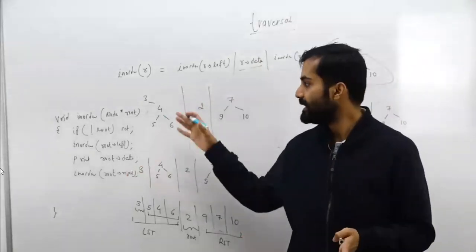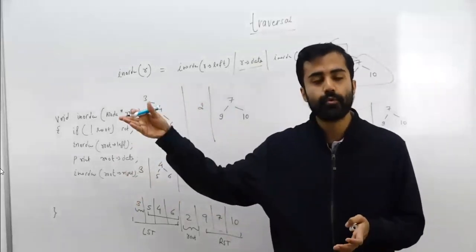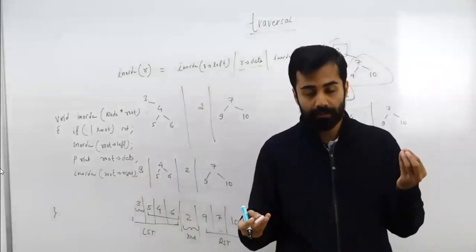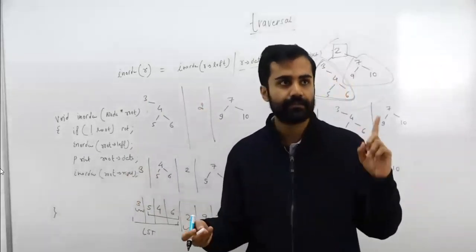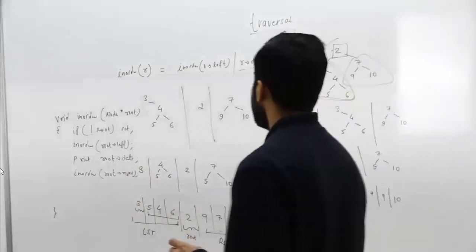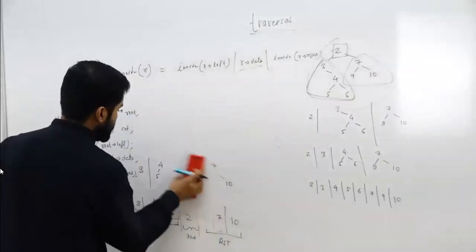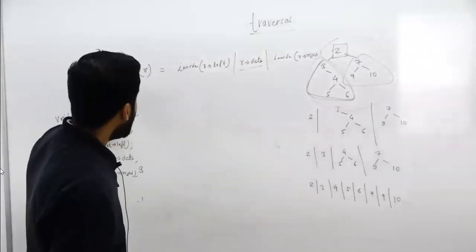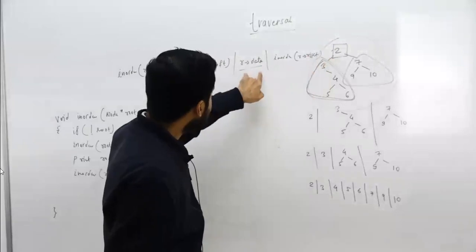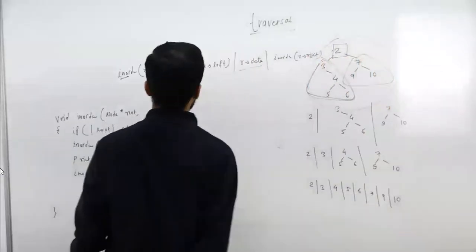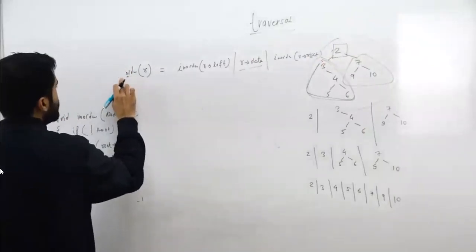The only thing is that the order or the sequence in which nodes are getting printed, that is different, but you are not touching a node again and again, only once. Okay. Cool. The final order of traversal that we should know about is called post order. And now you can see why this is called in order, because the root is sandwiched in between LST and RST. So now we will talk about post order.